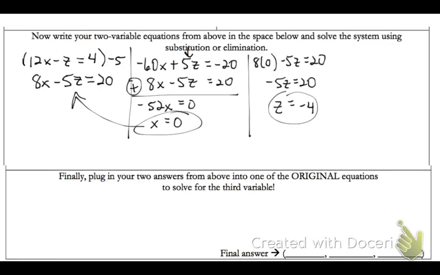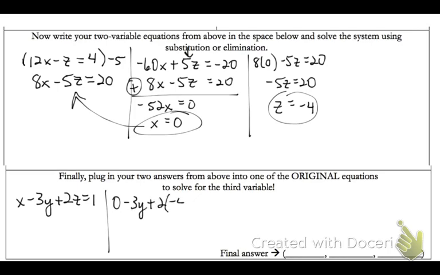Almost finished. So I'm going to plug both of those into one of my original equations, and I'm going to plug it into the third one because that seems like the simplest to me. So my third equation is x minus 3y plus 2z equals 1. So now I'm going to plug in 0 for x. I'm trying to find out what y is, so minus 3y.